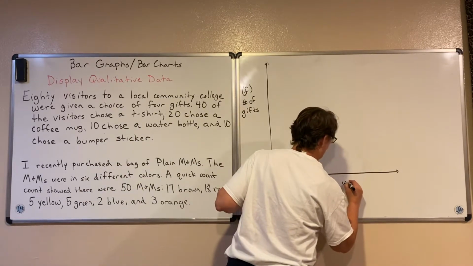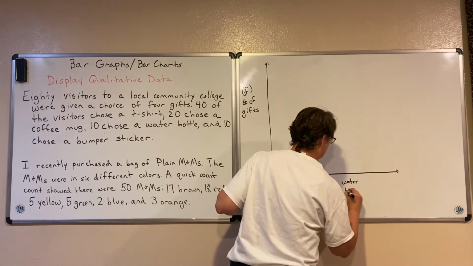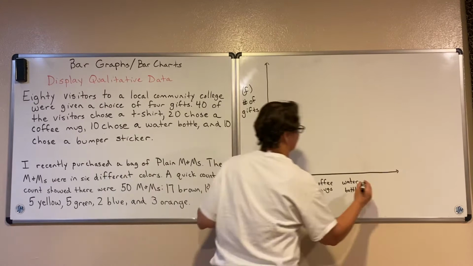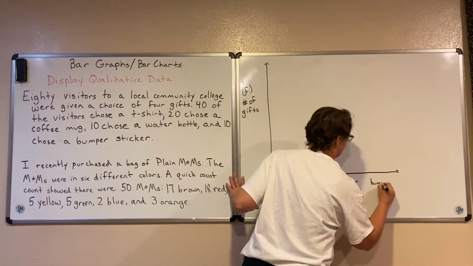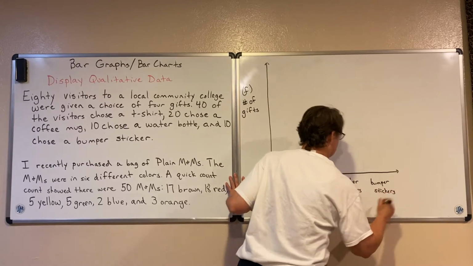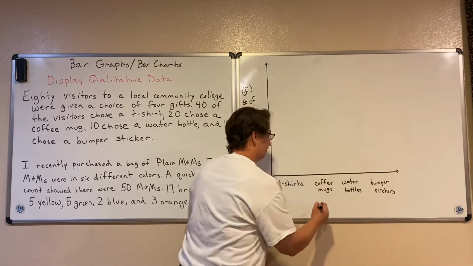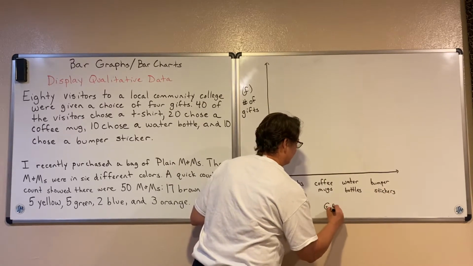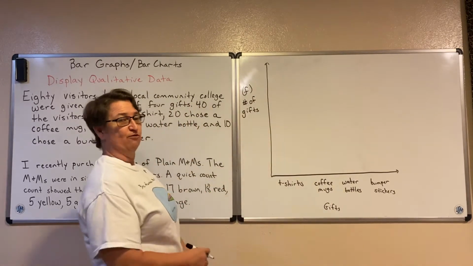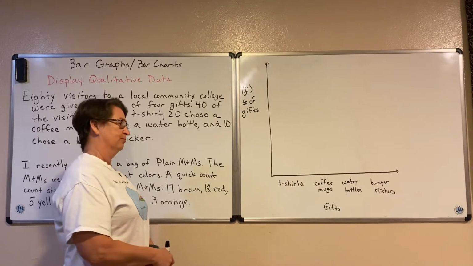Water bottles, and bumper stickers. So down here I have all the different types of gifts, and here I have my frequency, the number of those gifts that each were chosen.